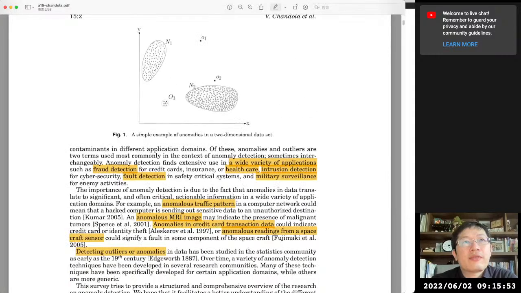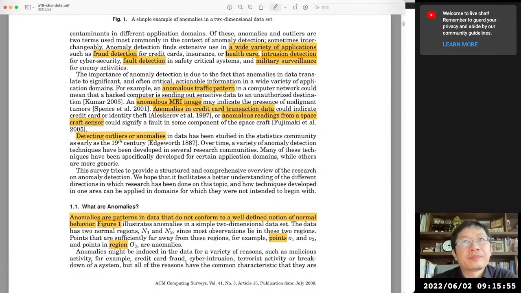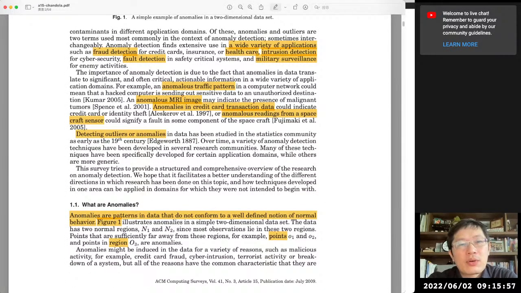Okay, so the following is that of course there are several applications that are quite suitable for anomaly detection, for example, fraud detection for credit card, insurance, or healthcare, intrusion detection for cybersecurity, fault detection in safety-critical systems, military surveillance for anomalous activities.